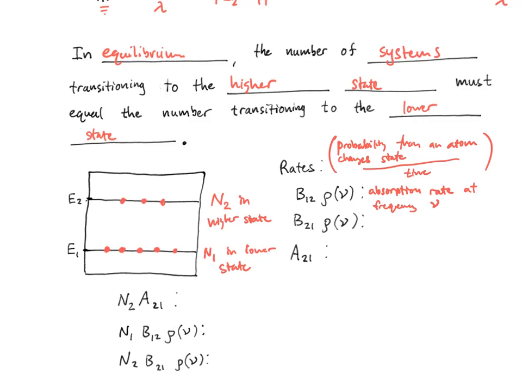Now B21 is the stimulated emission rate at frequency nu. And this last one, A21, is going to be the spontaneous emission rate.